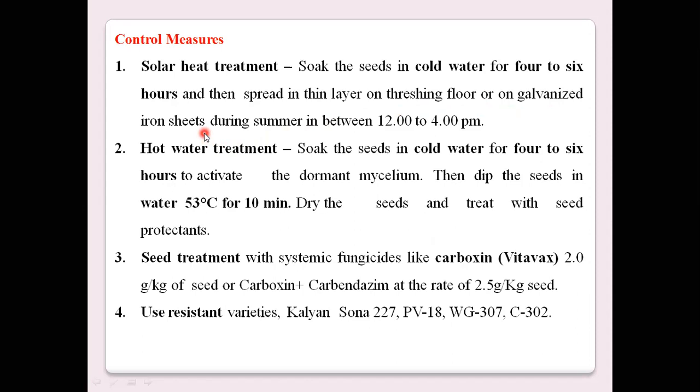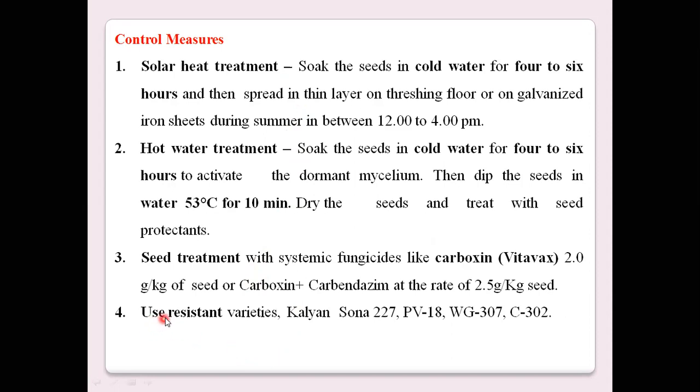Means just take the galvanized iron sheet and spread the seeds over it during the summer months, especially from 12 to 4 o'clock p.m., because during this period maximum sunlight reaches the seeds. So that's why these dormant mycelia are killed due to the sun rays. In this way you can manage the loose smut disease.